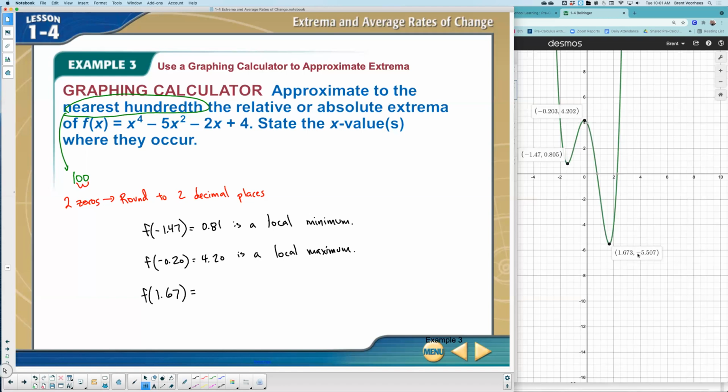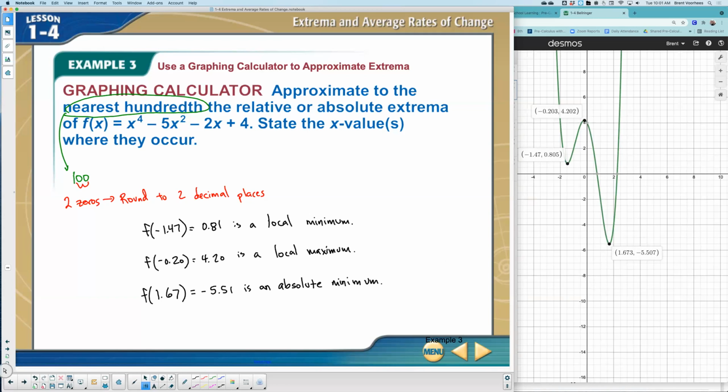And the y value, negative 0.50 or negative 0.51? Negative 0.51 is an absolute minimum. I shouldn't say a, I should change that to an. Is an absolute minimum. And that would be your answer for this one.